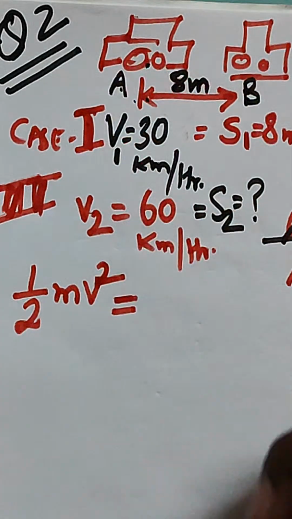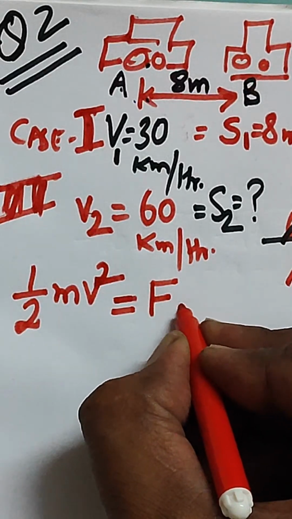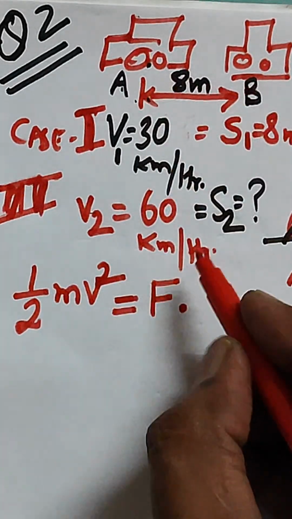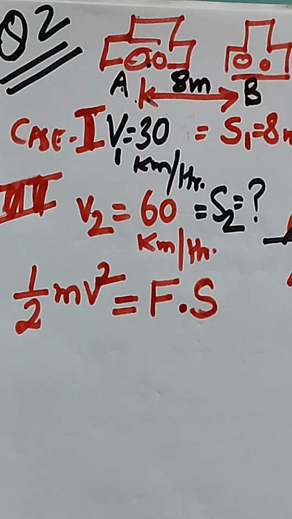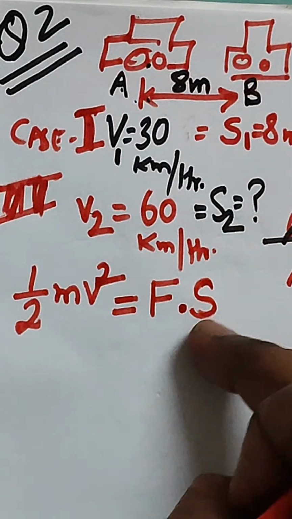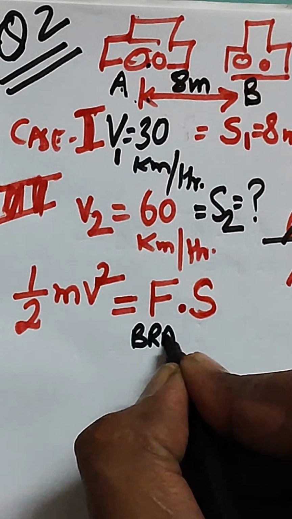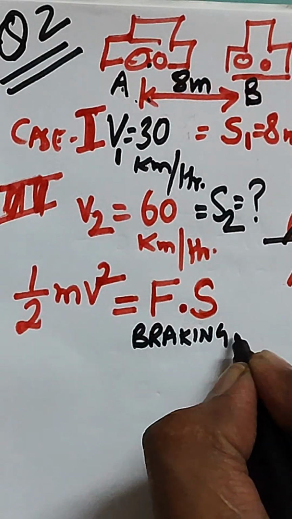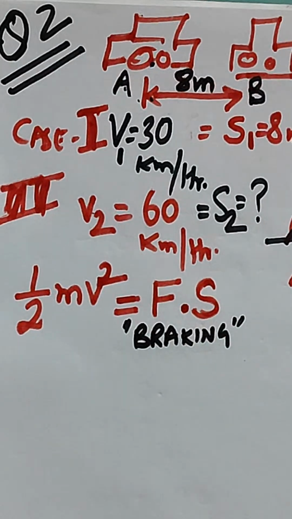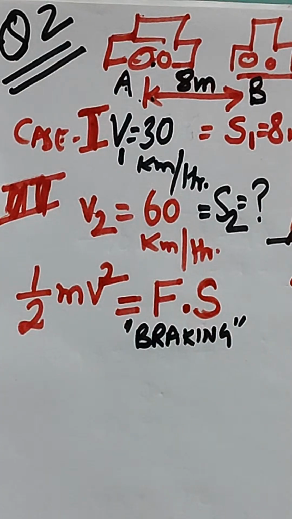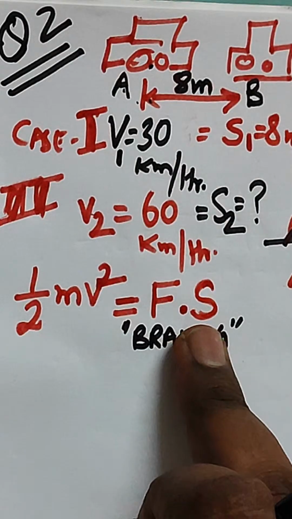The braking power is equal to force multiplied with the distance, F dot S, we already know it. This is the braking power or braking energy, F dot S. Now here we can say that half mv square is equal to F dot S.